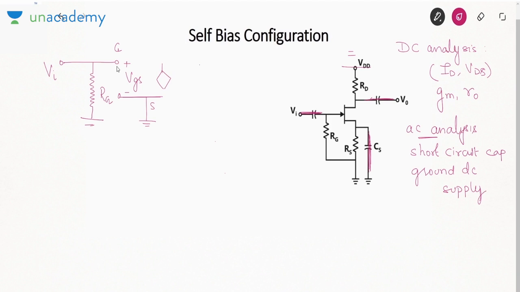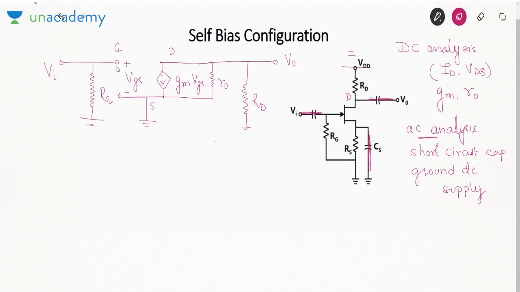Between drain and source we have a current source GM VGS. This source is connected in parallel to a resistance R0. This terminal is your drain. Between drain and ground we have a resistance RD, and drain is connected to the output terminal V0.